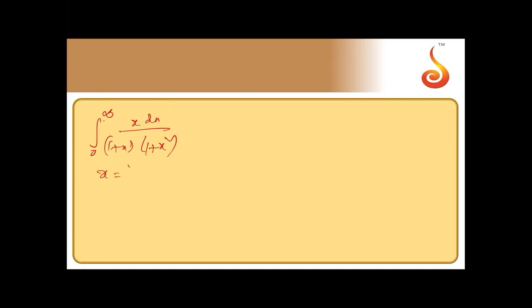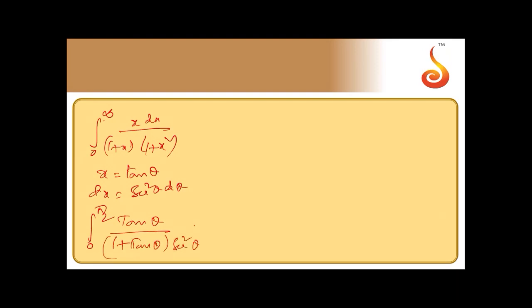Let me substitute x is equal to tan theta. x is tan theta means dx is equal to secant square theta d theta. Limits will become 0 to pi by 2. And x is nothing but tan theta divided by (1 plus tan theta) multiplied by secant square theta into secant square theta d theta.